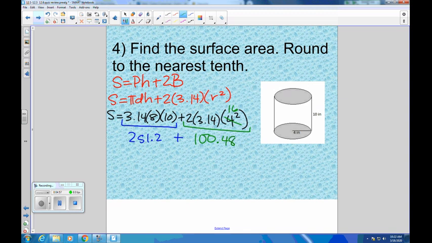Now I just need to add these together, and I get 351.68. And it says round to the nearest tenth. So we have 351.7, and it's surface area, so it's going to be inches squared.